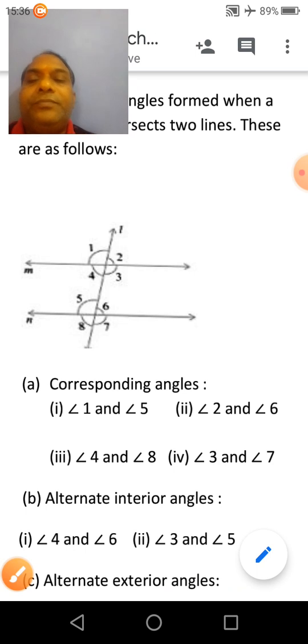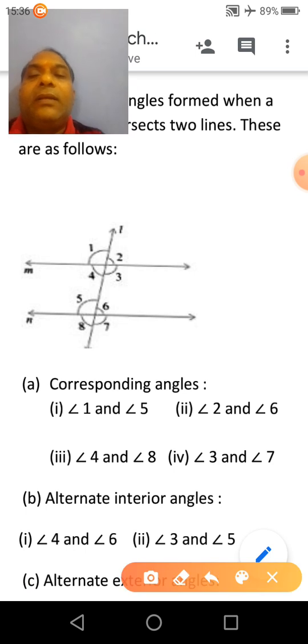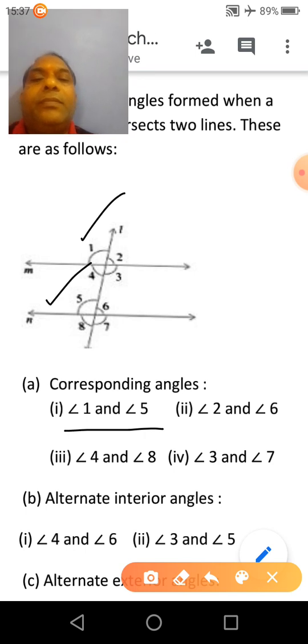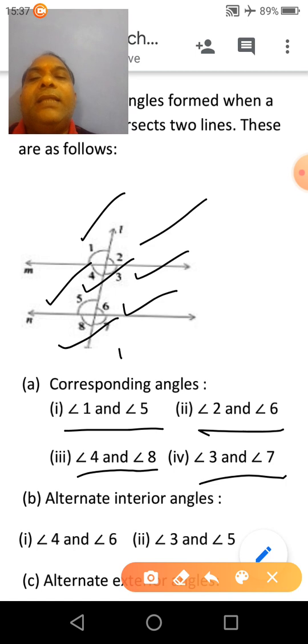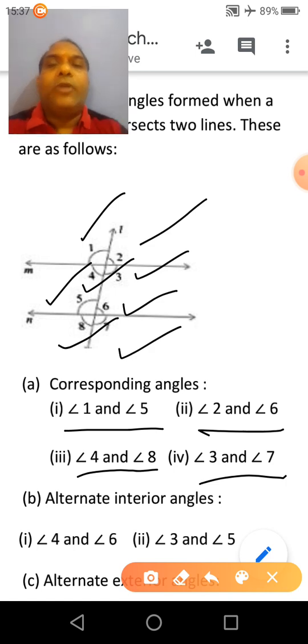Means corresponding angles will be 1 and 5, 2 and 6, 4 and 8, 3 and 7. These are corresponding angles.